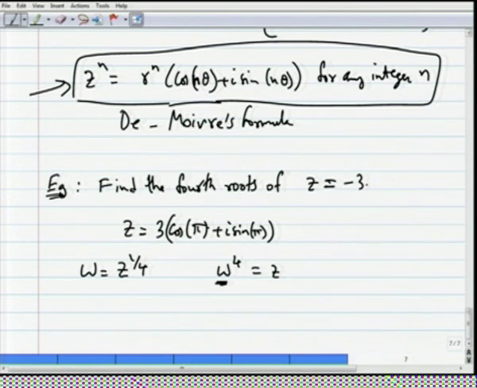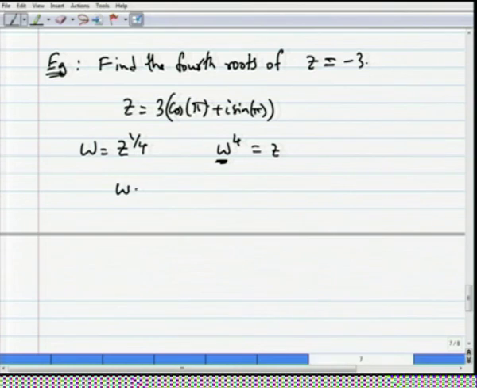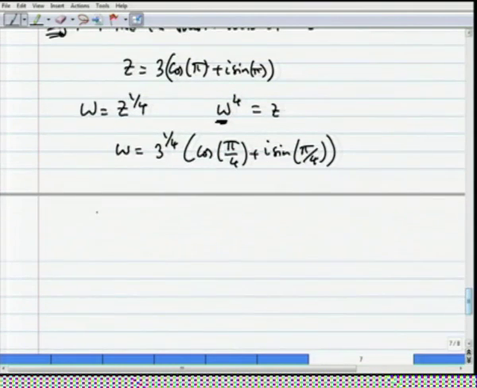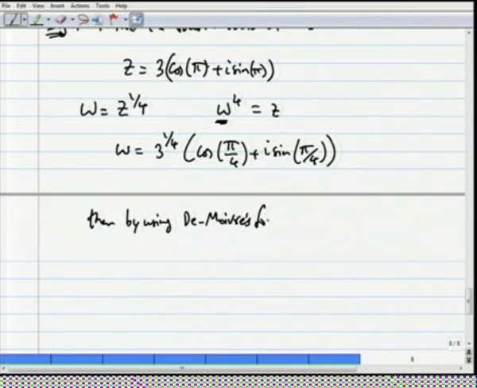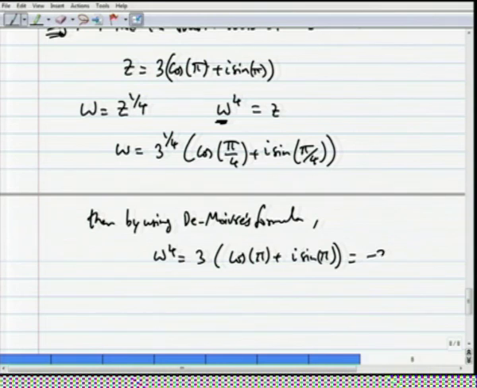So, if w is taken to be 3 power 1 by 4 times cosine pi by 4 plus i sin pi by 4, then by using De Moivre's formula, we get w power 4 is 3 power 1 by 4 power 4, which is 3 times cosine pi plus i sin pi, which is your minus 3, which is your z.